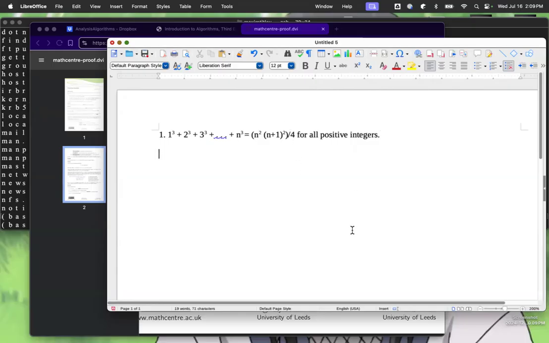So T of 1 equals the statement that 1 cubed equals 1 squared times 1 plus 1 squared, over 4.